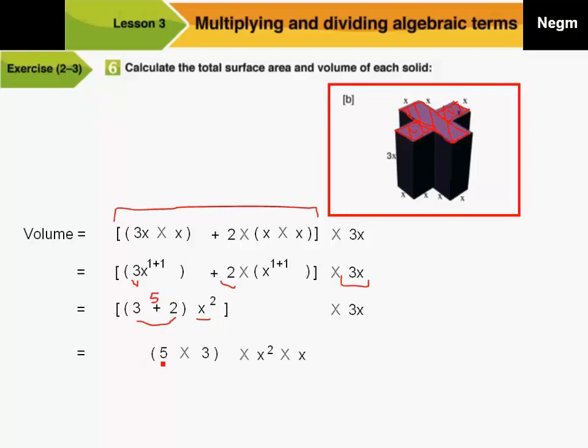This will be equal 5 times 3 times x to power 2 times x. This will be equal 15 x to power 2 times x to power 1, which is x to power 2 plus 1. 2 plus 1 is 3. So this will be 15x to power 3. This is the total volume of this shape. Very easy. Try to solve it by yourself.